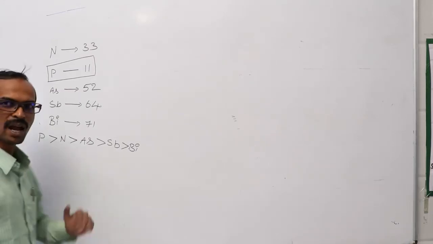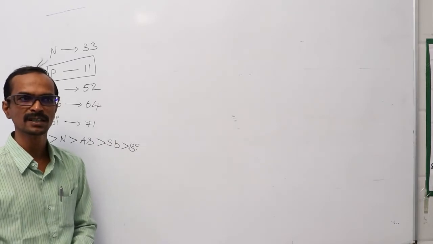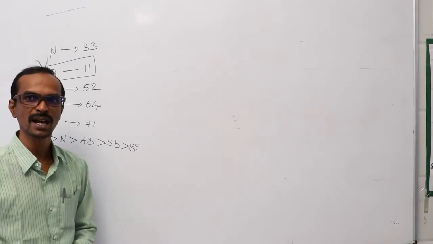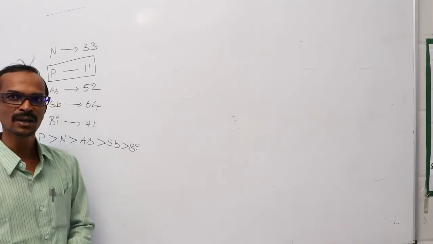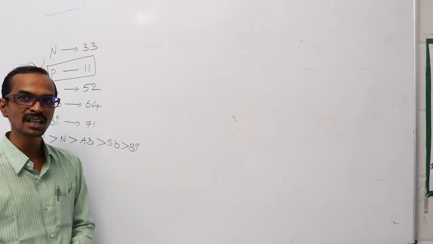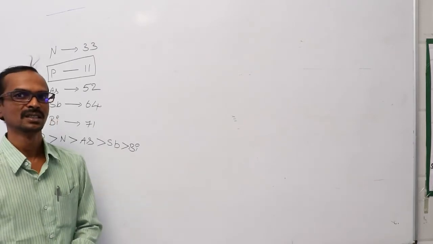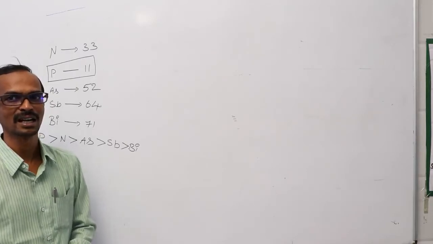Nitrogen is present in the form of N2, nitrogen gas, in the Earth's atmosphere. Around 78.03% by volume of nitrogen is present in the Earth's atmosphere.